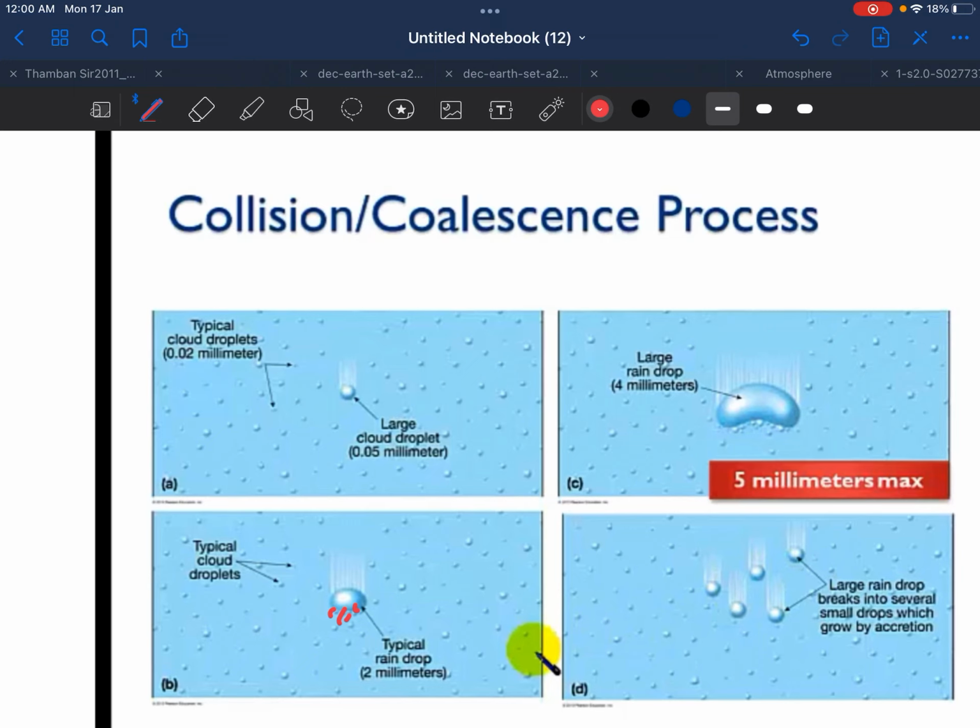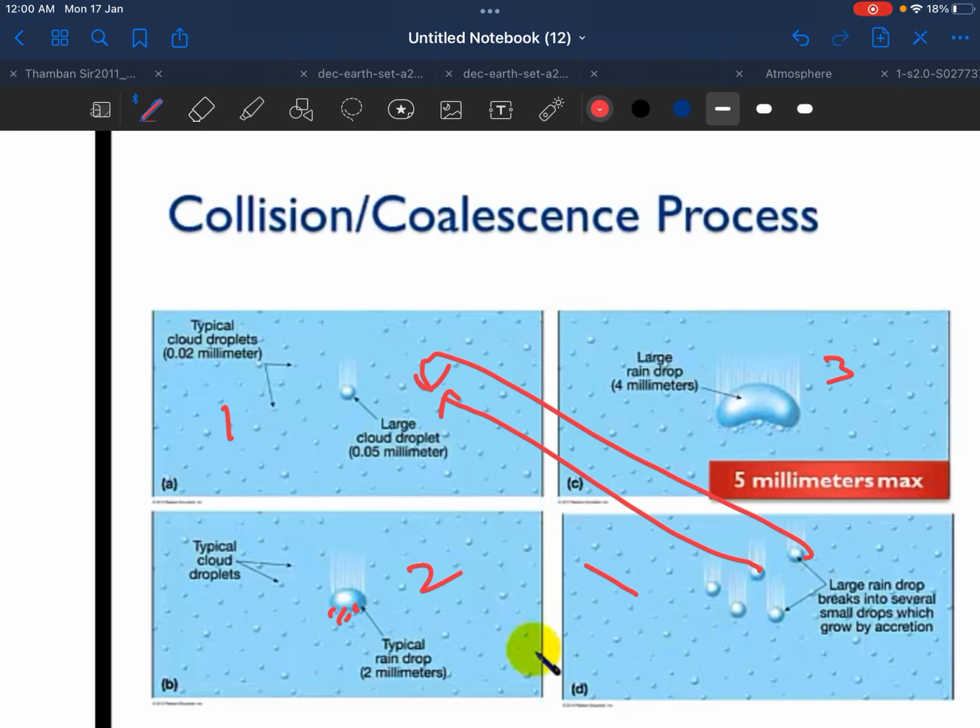So here you can see now it is falling with a faster speed, and finally this larger raindrop breaks into several small drops which grow again by acceleration. After this process, it will return to step number 1, then 2, then 3. So all droplets will follow the same process. Are you getting my point? It's a cycle. It will keep doing this until it reaches the surface.